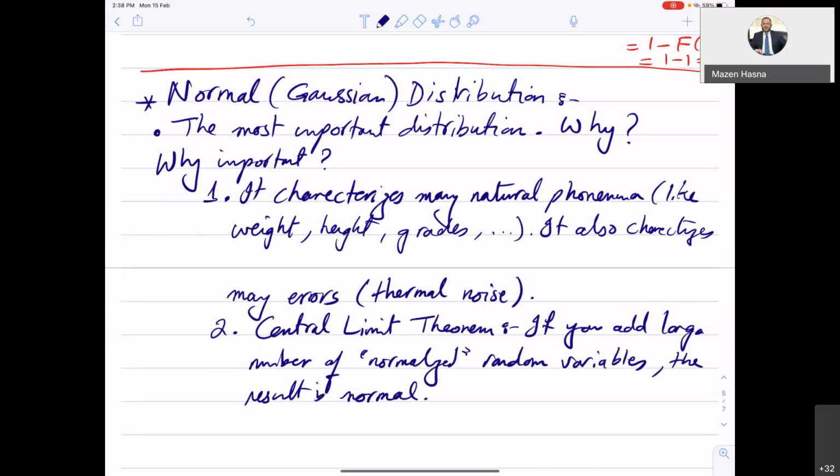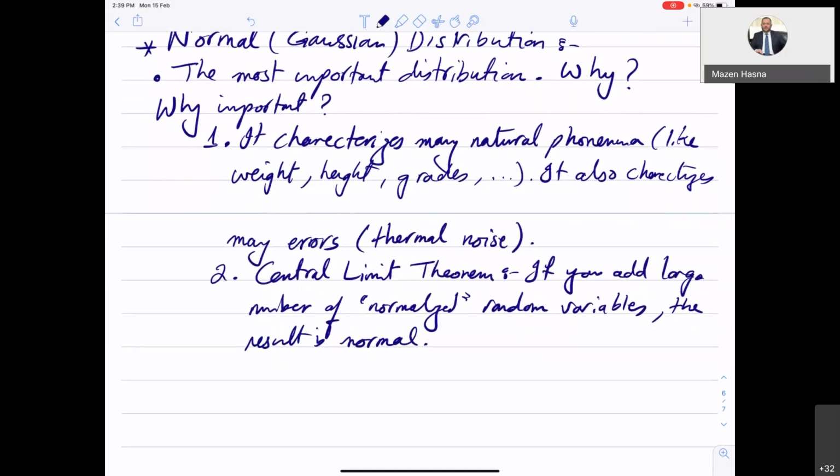And in my research area, and in many other research areas, every time we face a random phenomenon that we cannot model or do not fully understand, it's very common to assume that it follows a normal distribution. It's the most popular assumption in research, to assume the noise that you don't know, the interference that you don't know, the certain effects of hardware impairments, software impairments. All of this is usually modeled by a normal distribution.